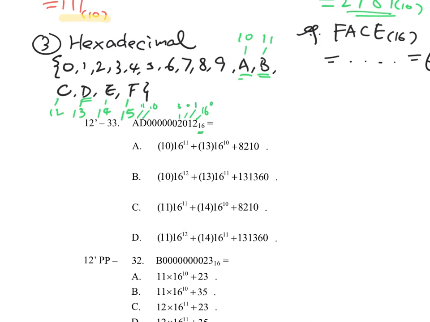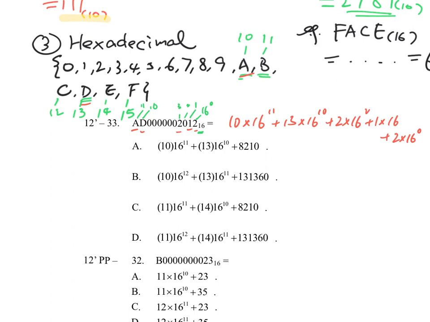Next, you search for the letters. A stands for 10, so 10 times 16 to the power 11. D stands for 13, so you have 13 of 16 to the power 10. You have 2 of 16 squared, 1 of 16, and 2 of 16 to the power 0.